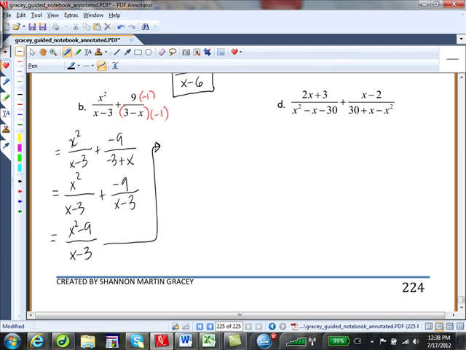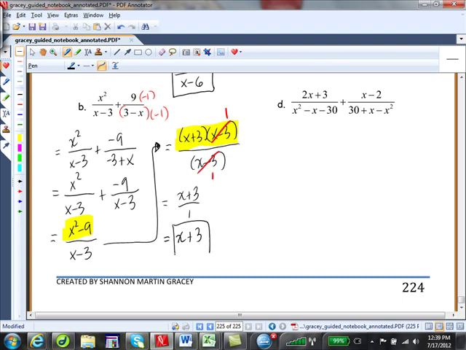But I can factor that difference of squares in the numerator to be (x + 3)(x - 3), over x - 3. So this guy factors as this, and then we can divide out that common factor of x - 3, and we're left with (x + 3) over 1, which is just x + 3. How'd you do? Awesome. I bet you did really great.